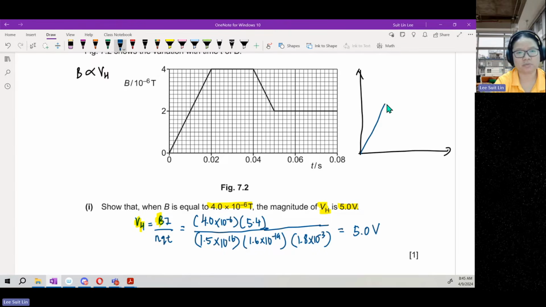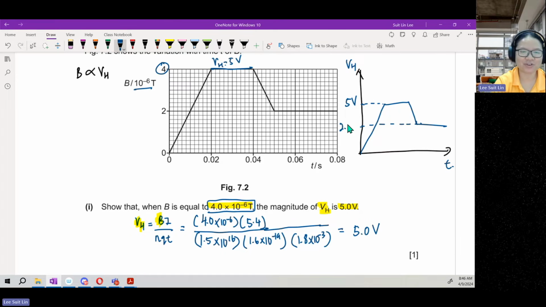Let me copy the shape. Like that, that, like that. 4 times 10 to the power negative 6 is the same as this one. So at this section, VH is 5 volt. So if you halve the magnetic field, what happened to the Hall voltage?